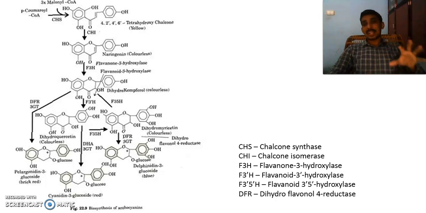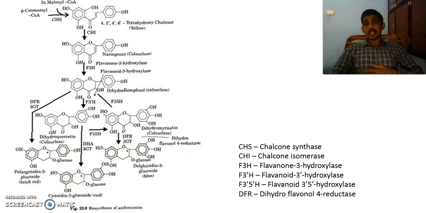So if the chalcone synthase is active within the plant, then that flower will produce yellow colored petal. So if we inhibit chalcone isomerase, then we will get yellow colored flower.